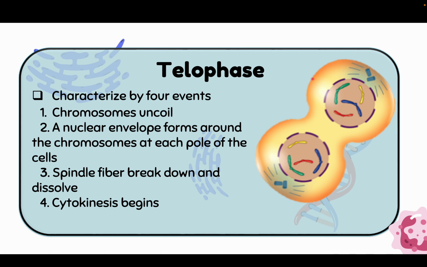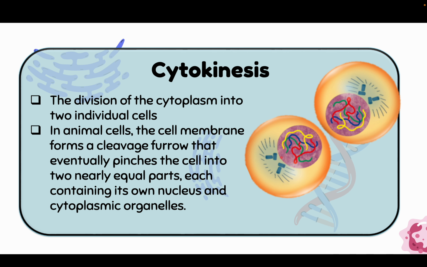Then spindle fibers will break down. They will dissolve because they're no longer needed. And cytokinesis will begin. So the cytoplasm distribution to two cells will now commence.